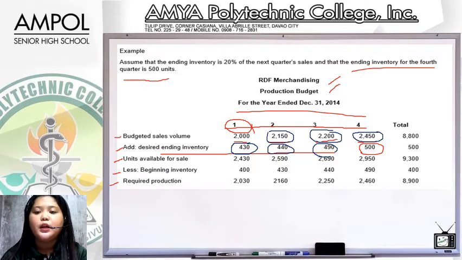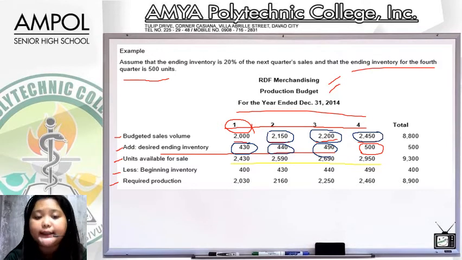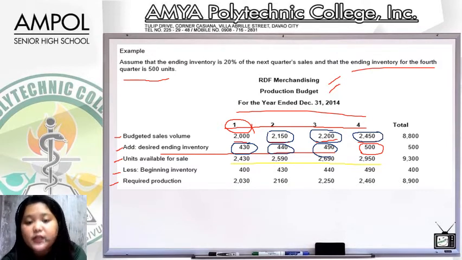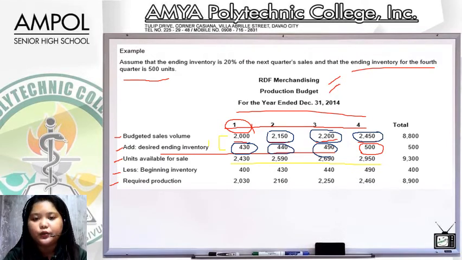Pagkatapos, dito, kay units available for sale, how did we get this one? We are just going to add the budgeted sales volume and the additional desired ending inventory. Add lang yan siya para makuha natin siya.